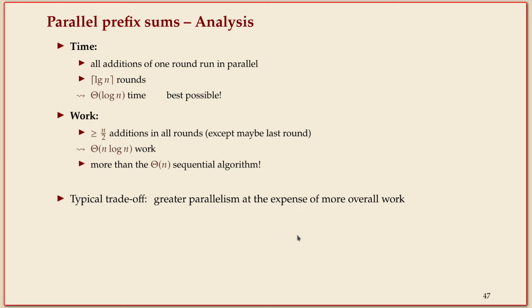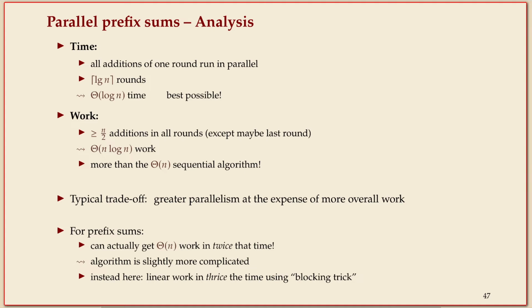In this case, we reduce the parallel time from linear to logarithmic, so it's probably a good deal, even though the work is not optimal. So sometimes you have this trade-off that inherently you cannot parallelize things unless you pay extra in work, but not for this simple problem. Here we can actually get linear work if we just pay twice the time. So the same theta class, but a constant factor difference.